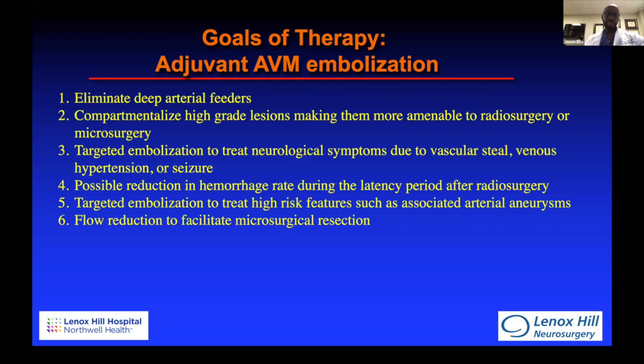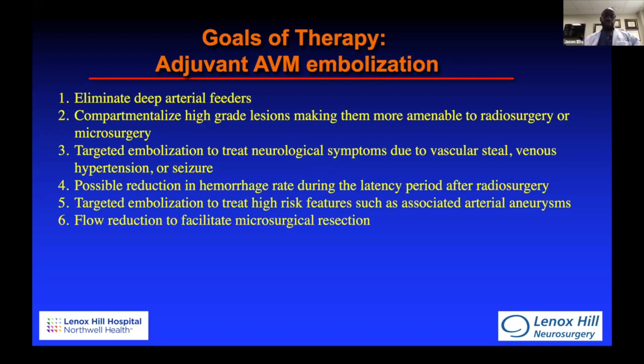When you eliminate deep arterial feeders with embolization, that can make your surgery much safer, as it gets rid of arteries that are hard to see, at least in the initial part of your surgery, and it slows down the blood flow within the nidus, which is certainly very helpful for microsurgical resection.